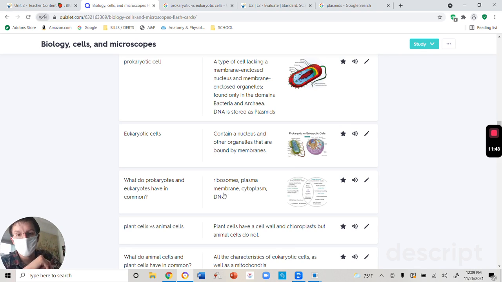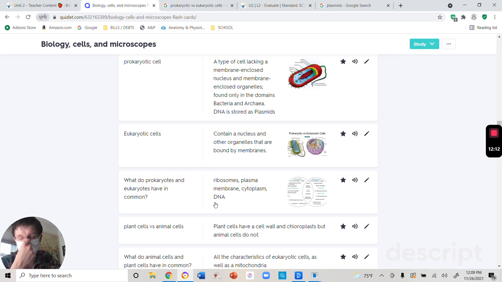So we both have ribosomes. We both have a plasma membrane because remember, the plasma membrane is just that outer shell covering. It's like the skin of a cell. Cytoplasm, so that jelly stuff that's filling up the whole thing. So that is something they all have in common. And you guys need to remember this because I guarantee it's going to be at least 1 to 2 questions. Ribosomes, plasma membrane, cytoplasm, DNA.